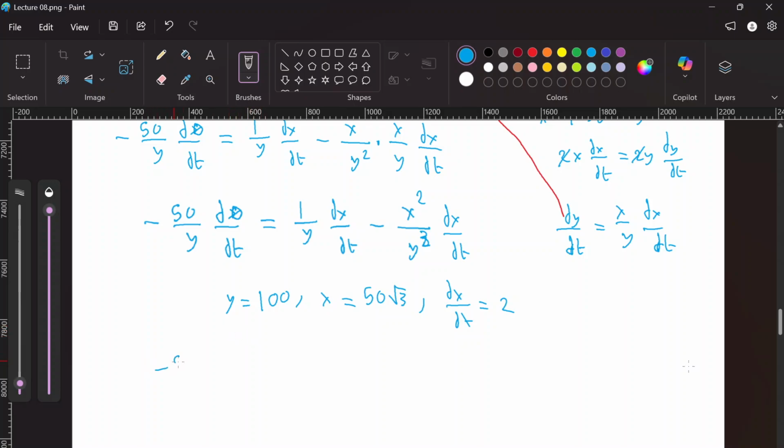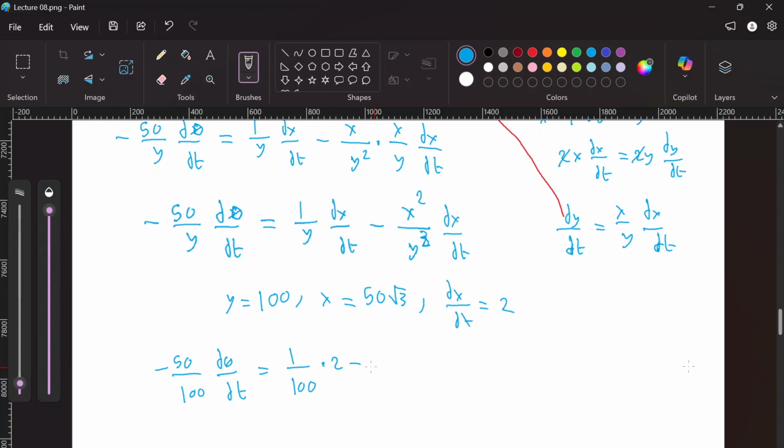So we have minus 50 over 100. d theta over dt is the unknown that we want to find. So d theta over dt equals 1 over 100 times dx, yes, it's 2, minus, now 50 squared times 3 squared will be 7500 over y cubed.